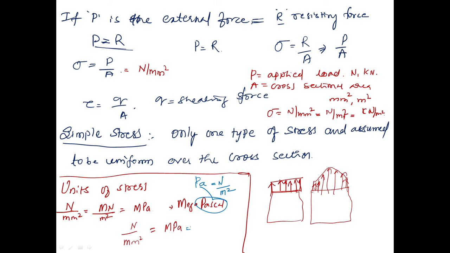Now look out here. Mega means how much? 10 to the power of 6. So it is Newton per meter square, everyone agree with this one? Now, 1 meter equal to how many mm? 1000 mm.